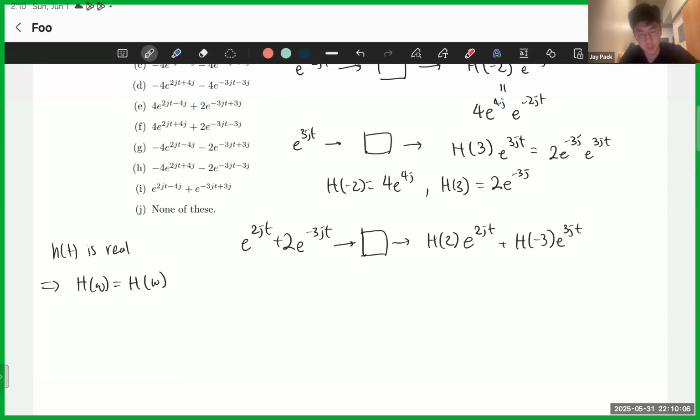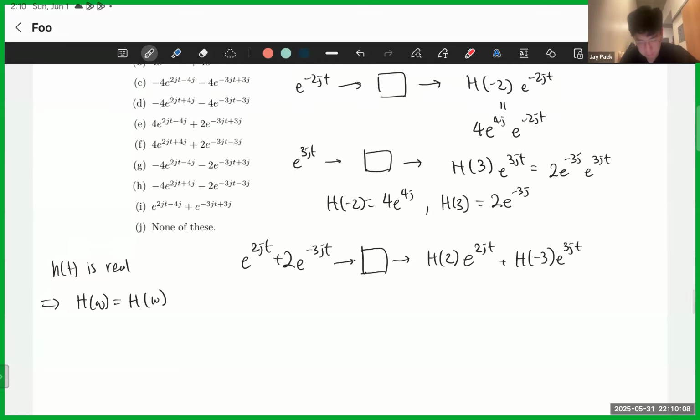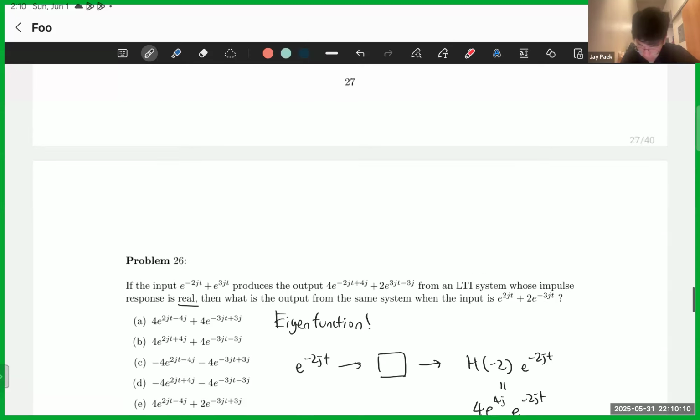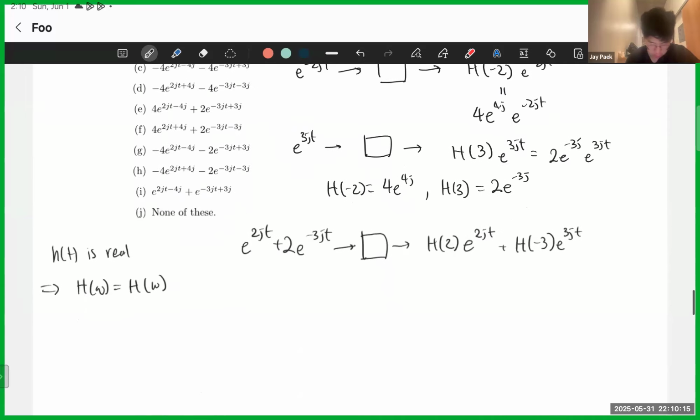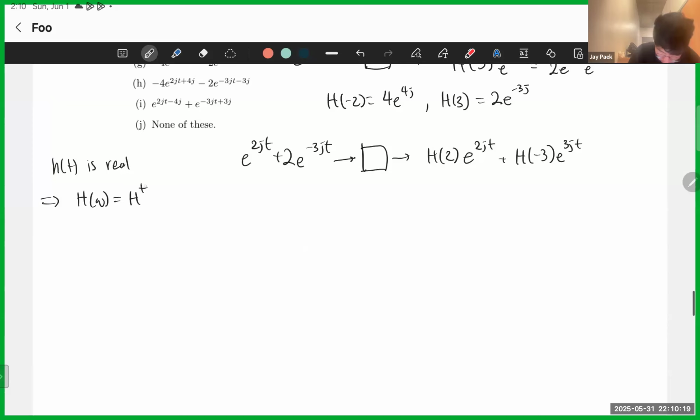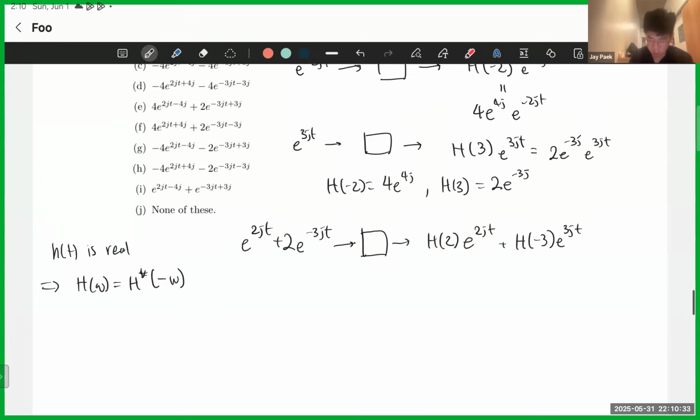I'm pretty sure it was proved in lecture, but if h of t is real, purely real, then it should be something like this. There we go. This is a true fact. And so now this means that this is equal to h of negative 2 conjugate.